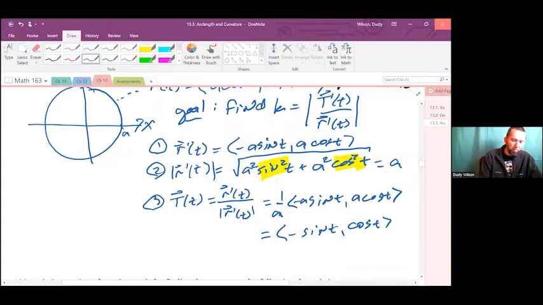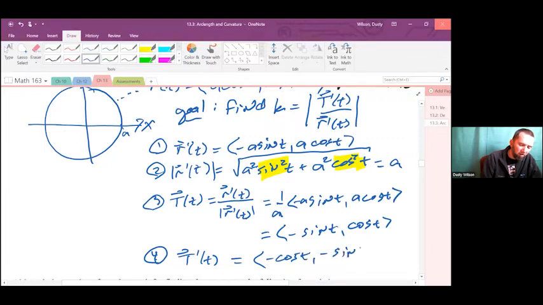All right, so we have T of t, which means we can find T prime of t. T prime of t is going to be negative cosine t, comma negative sine t. And we have the magnitude of r prime of t.